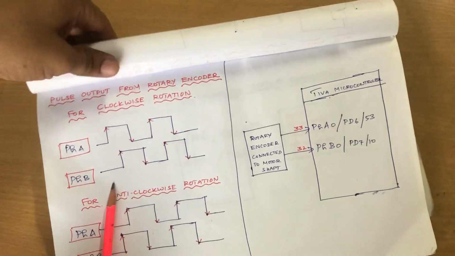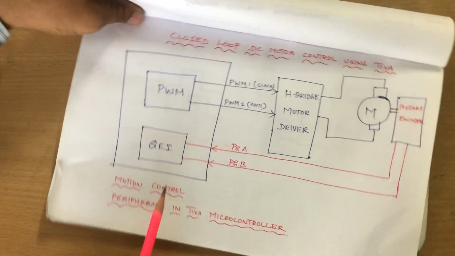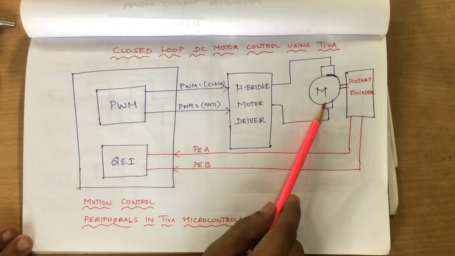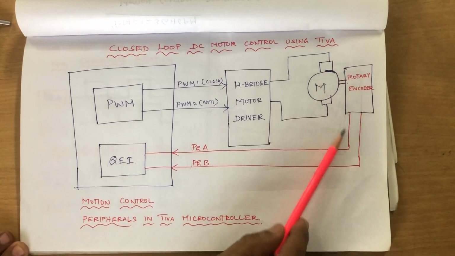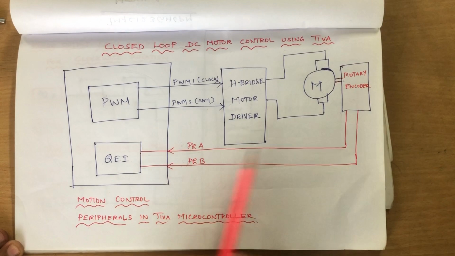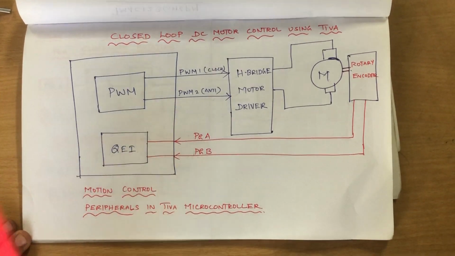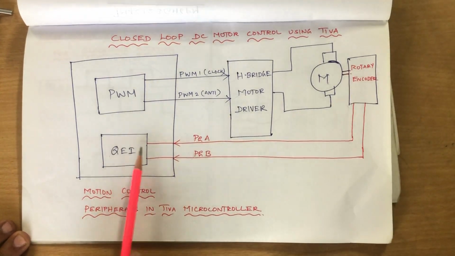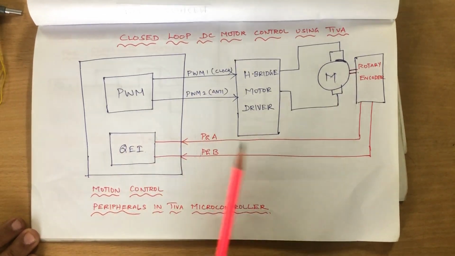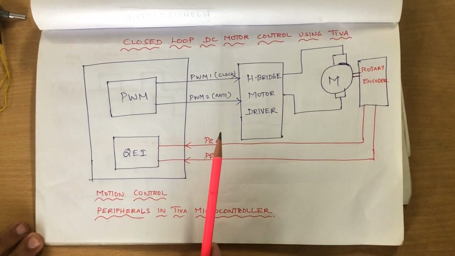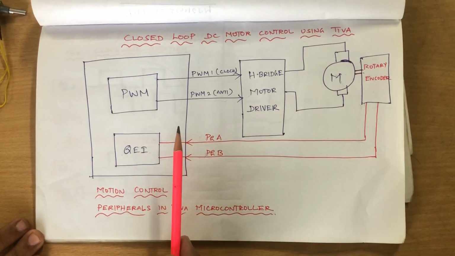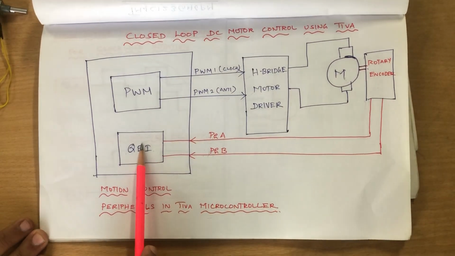When you give the pulse width modulation, the motor will rotate and produce pulses. The pulses come from the rotary encoder, and the quadrature encoder has a counter which counts them. Counting means, say, one pulse equals 1 meter, so 100 pulses means 100 meters crossed, 1000 pulses means 1000 meters crossed, so 1 kilometer, something like that we can say.